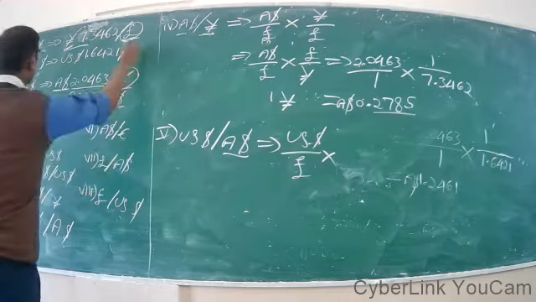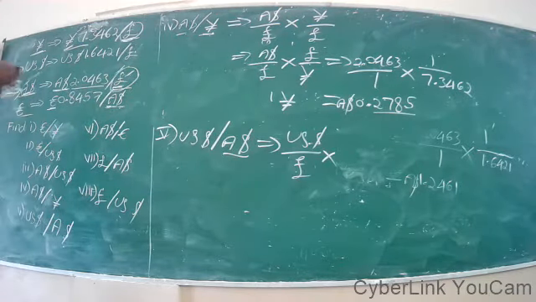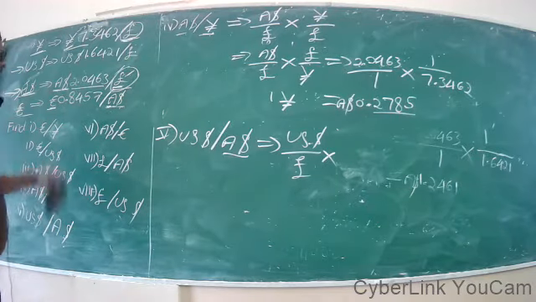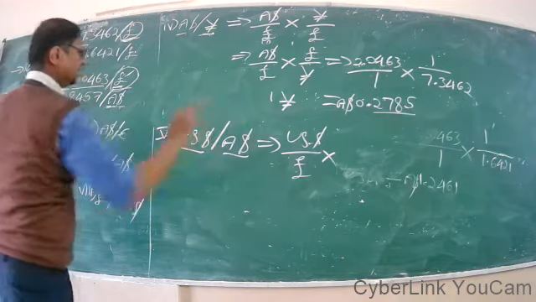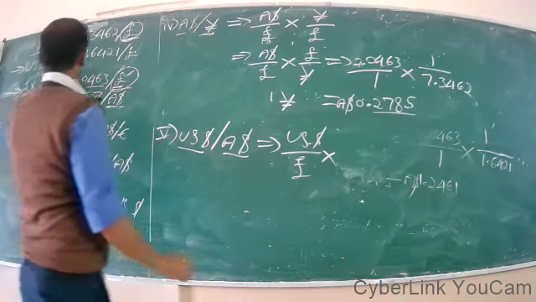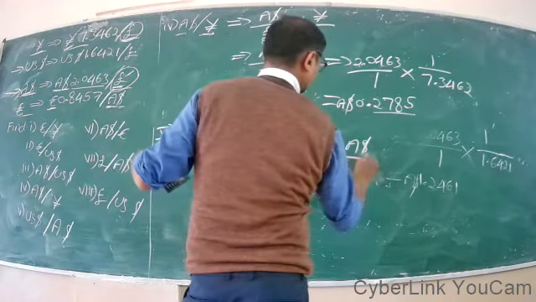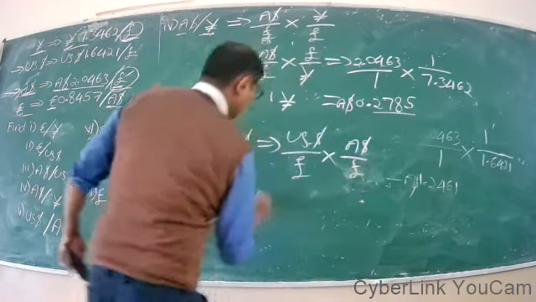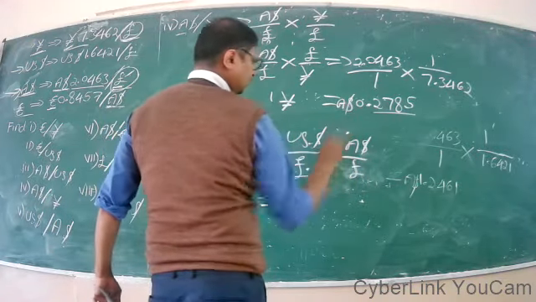And in both the quotations, sterling pound is the common currency. That is also very important while selecting quotations, right? So for US dollar it is given as US dollar per sterling pound, and for Australian dollar we have Australian dollar per sterling pound. But we need this one as a denominator, this one as numerator, right?